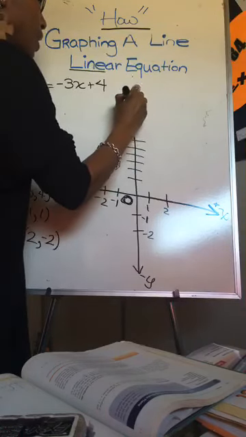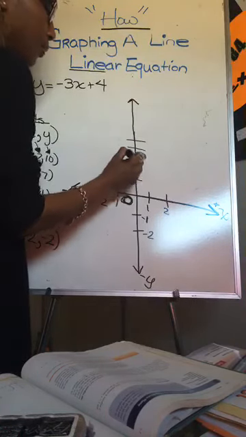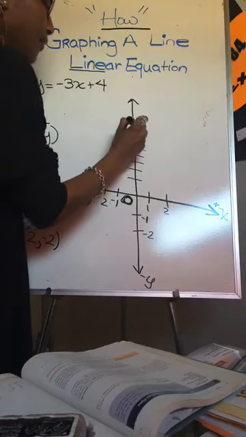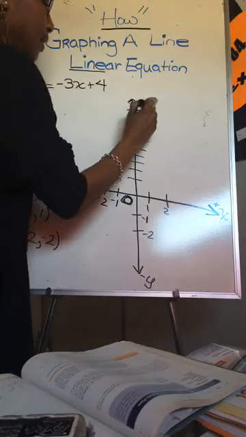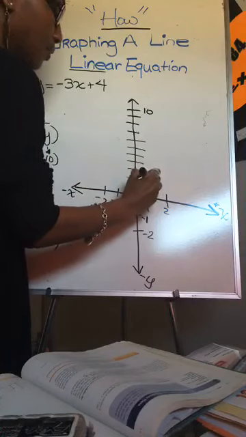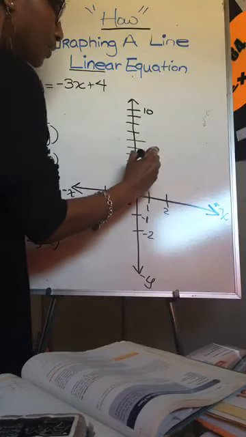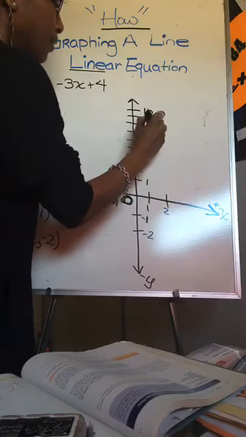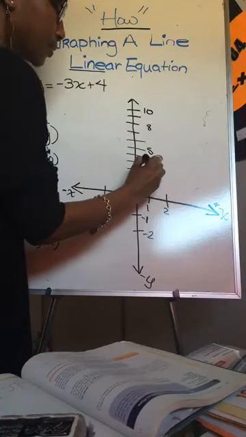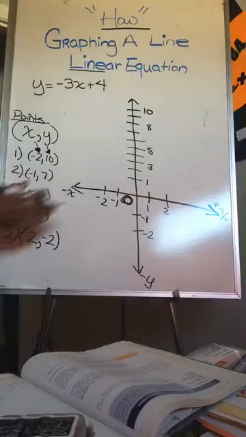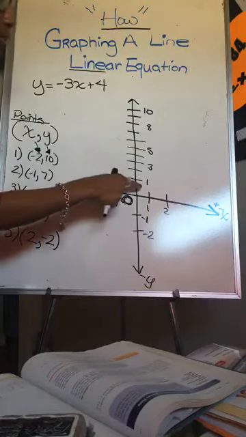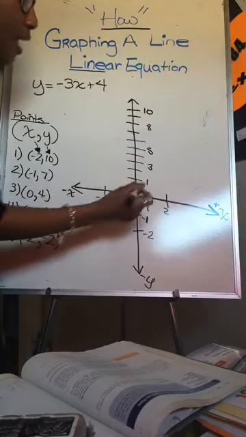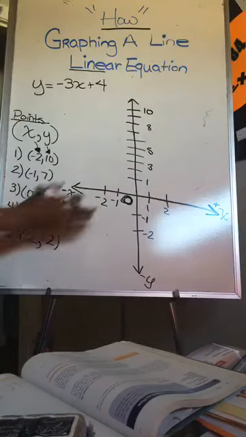So 1, 2, 3, 4, 5, 6, 7, 8, 9, 10. Wow. So 1, 2, 3, 4, 5, 6, 7, 8. Okay, so 8 here. So let's just do it here so we can space it out. But if you want to put all your numbers there, that's fine. I'm just spacing it out, okay?